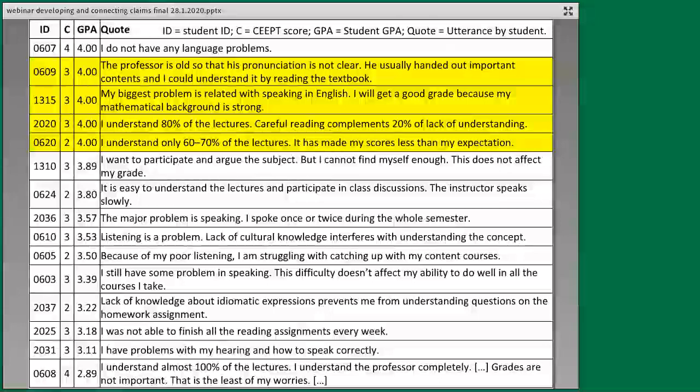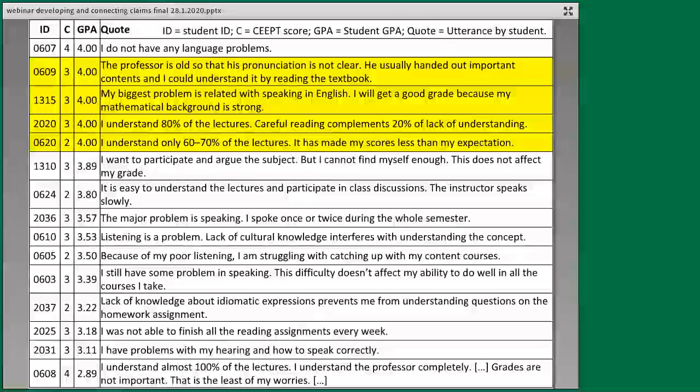And so the second student says, well, yes, I have problems related with speaking in English, but I will get a good grade because my mathematical background is strong. So also this student mentions something that he or she uses to overcome the language problems. And the third student says, well, I understand 80% of the lectures, which is not everything, but then careful reading complements the 20% of lack of understanding.